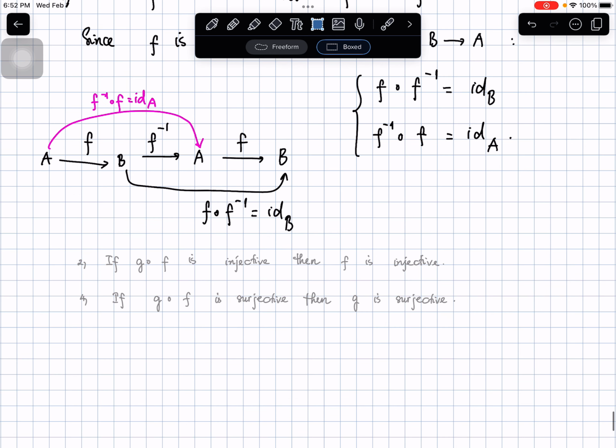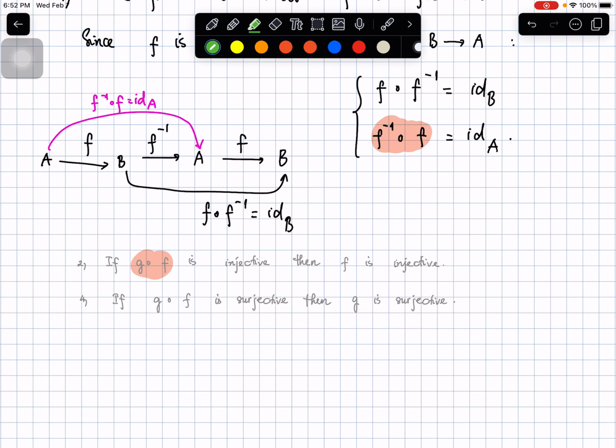So here's a theorem we proved before: if the composition function g dot f is injective, then f is injective. So we know that here f inverse dot f equals the identity on A. Recall that the identity function is both injective and surjective, right?